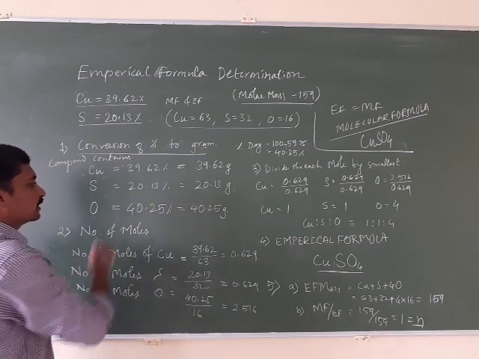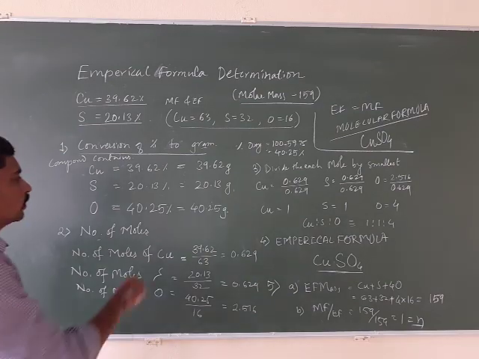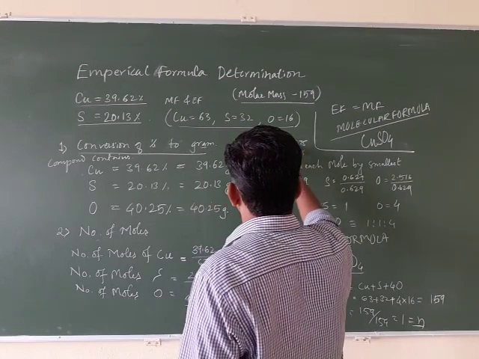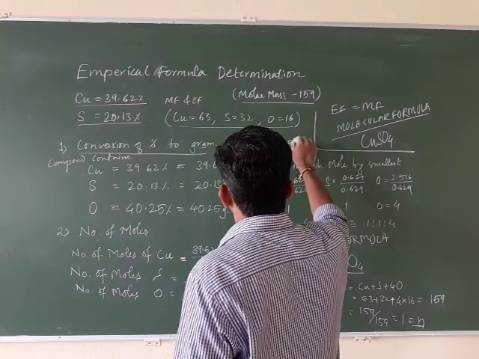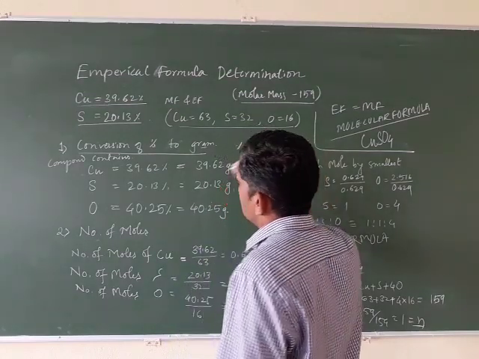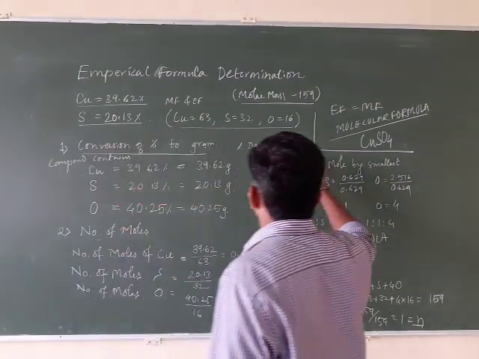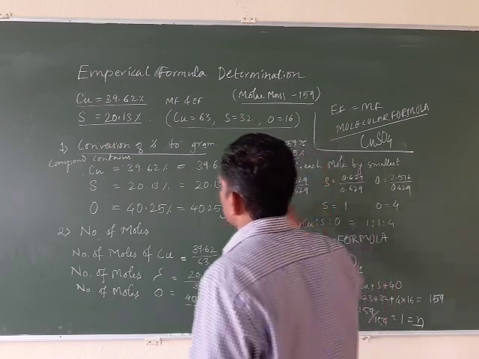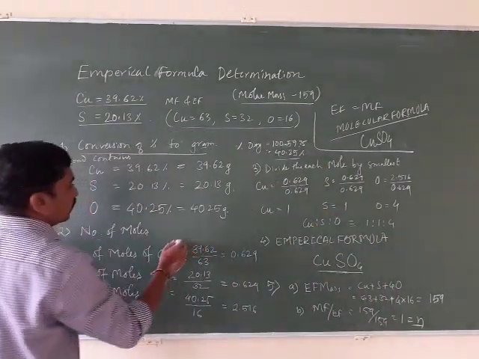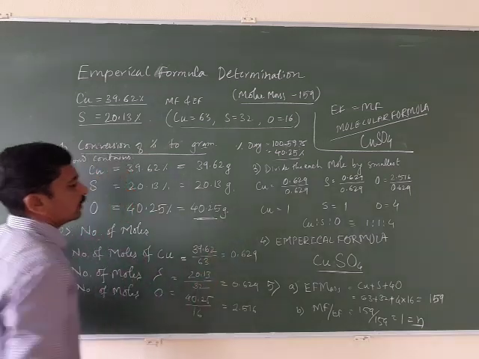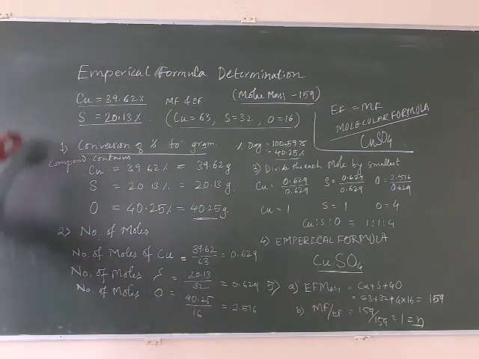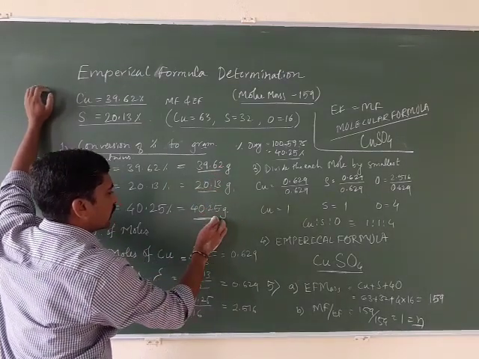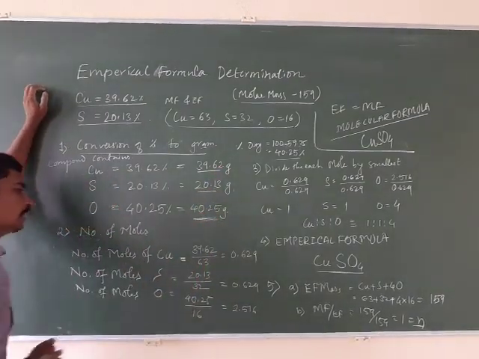To determine the percentage composition of oxygen, we do 100 minus the sum of the percentage compositions of sulfur and copper, which becomes 40.25. Then we converted that 40.25 into grams. Now we have the mass of each element present in the compound.